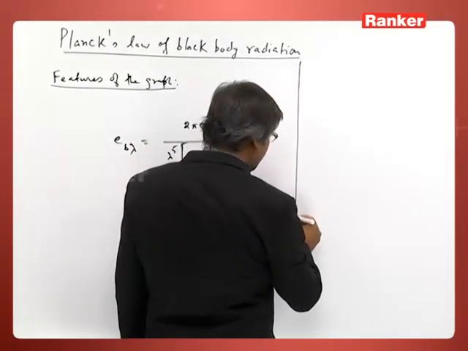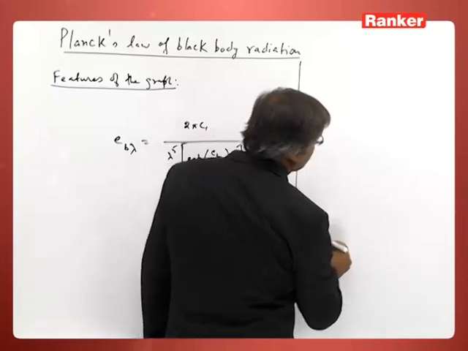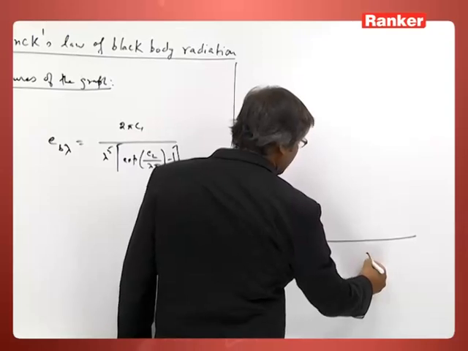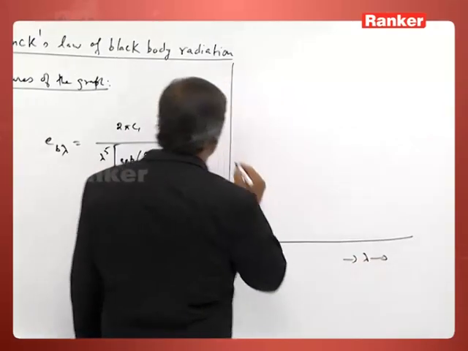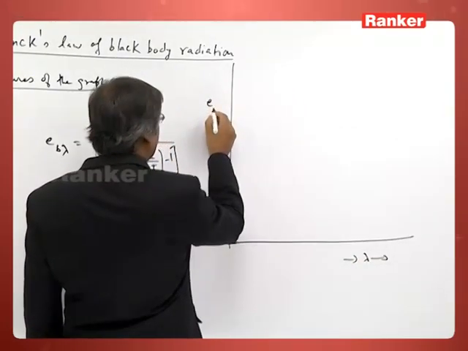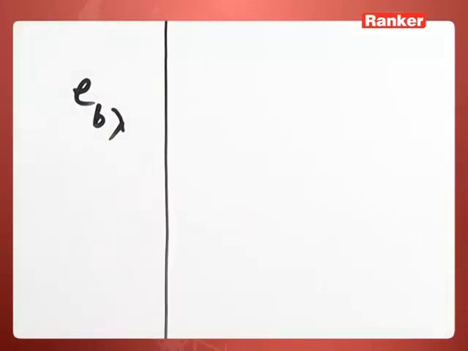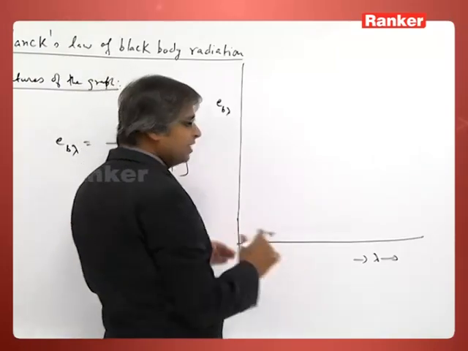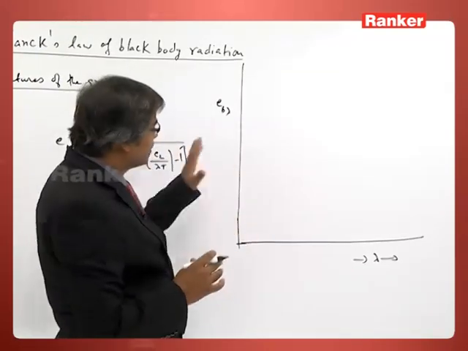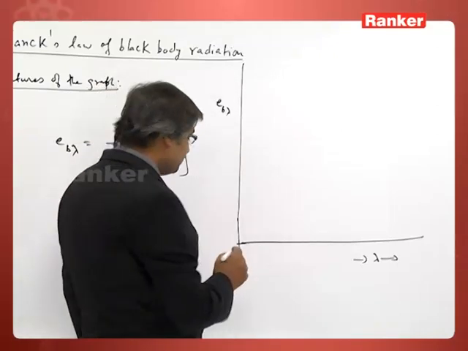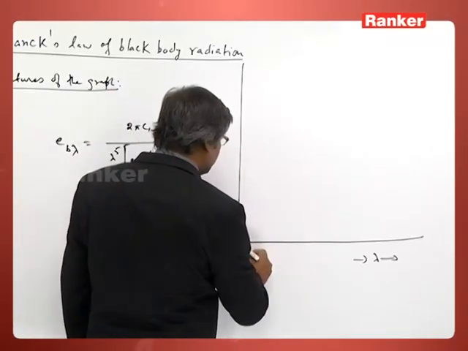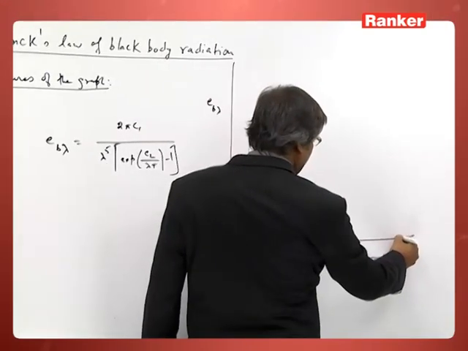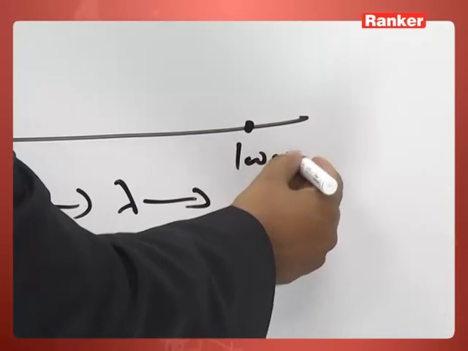Here lambda increases that side, and here I have plotted the spectral emissive power of the black body at a particular lambda. Here we are not interested in the entire spectrum, just the thermal radiation part, and suppose here it is not 0 but 0.1 micrometer, and here I have plotted 100 micrometer.